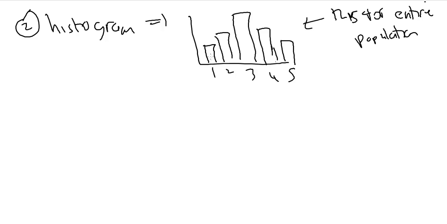Now, what you can do with the histogram is you can comment on the shape, which is also called the distribution. These are the different frequencies for each of the different ranges or numbers, depending on whatever you're looking at.